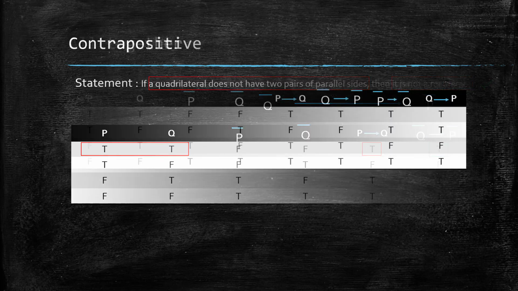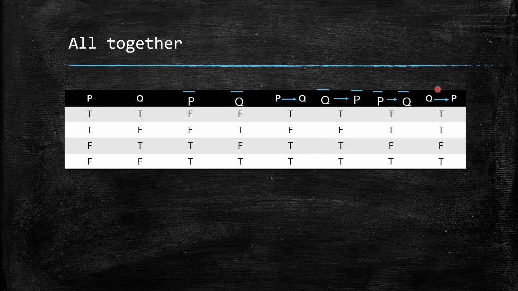Now if I put everything together, this is the whole truth table of our main statement and its converse, contrapositive and inverse. This is our main statement's truth values.